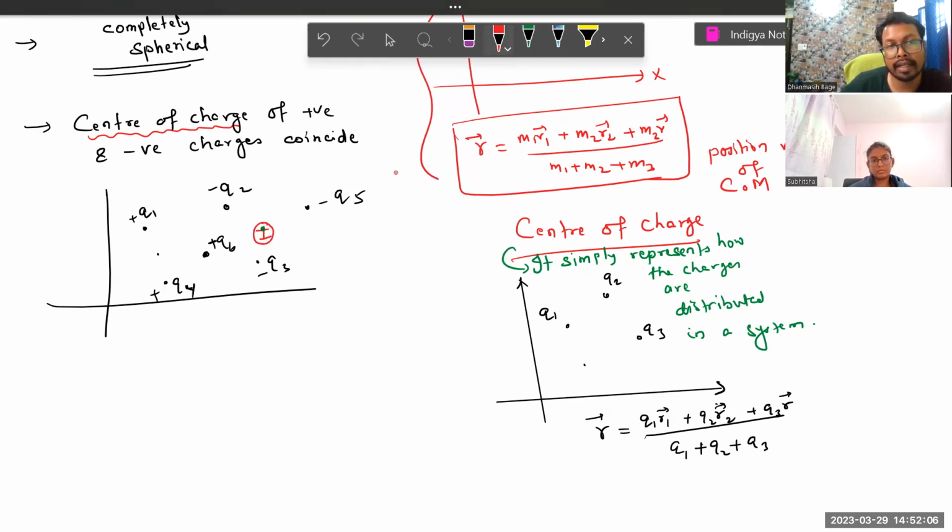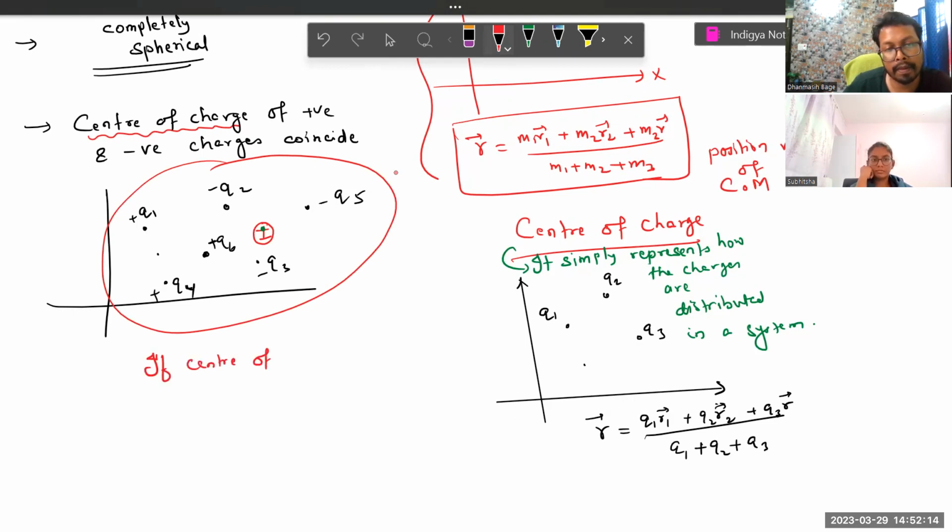In that case, if the centers of positive and negative charges, taken separately, coincide, it means they coincide, right?